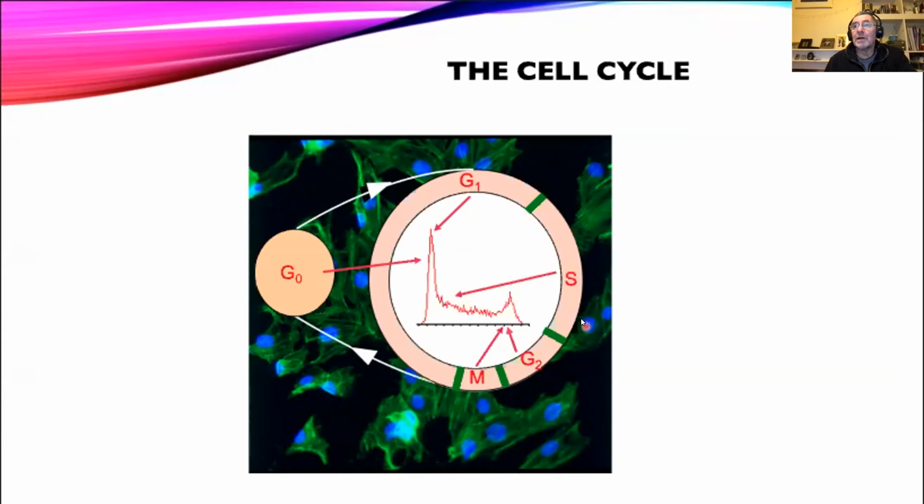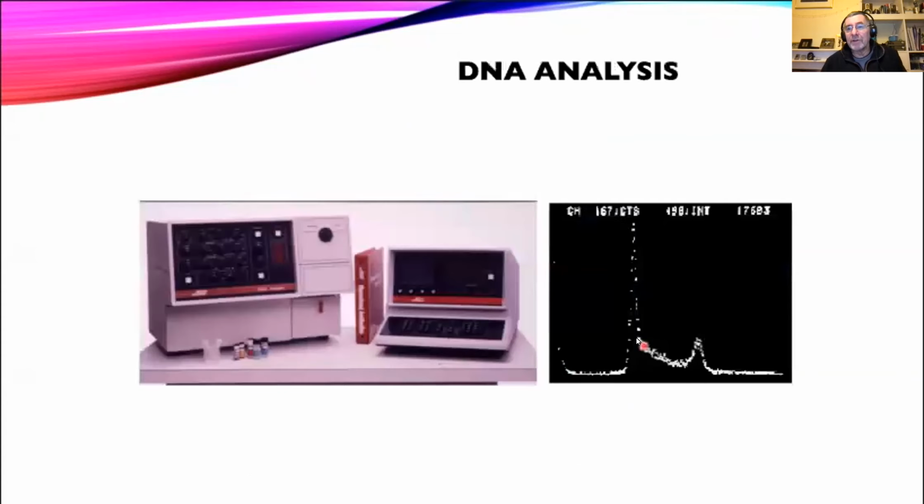And hopefully many of you are familiar with this sort of DNA histogram from the literature. And in fact, DNA analysis was one of the very first applications to which flow cytometry was put, even way back in the late 60s, early 70s. And in fact, this is where I first started. This is a BD FACS analyzer, and it enabled me to produce a DNA histogram. Here are our cells in G1, S, and G2.